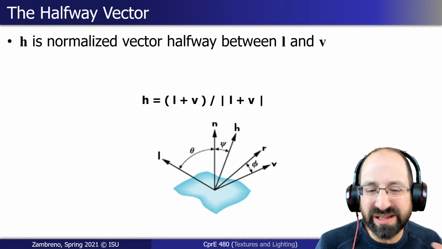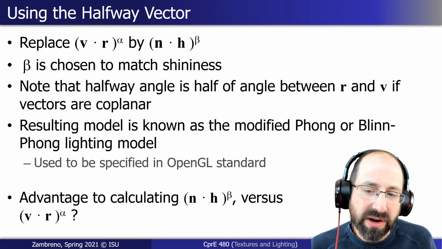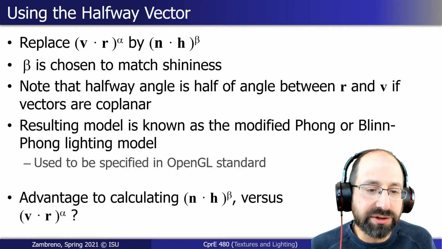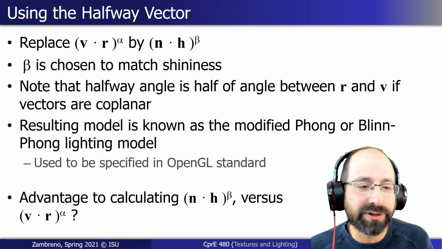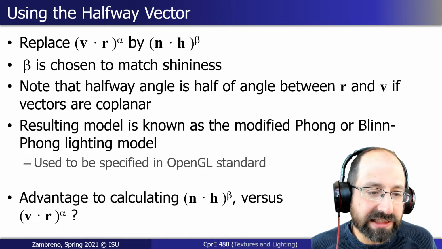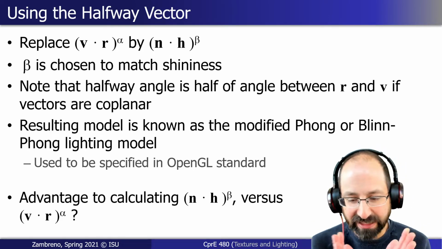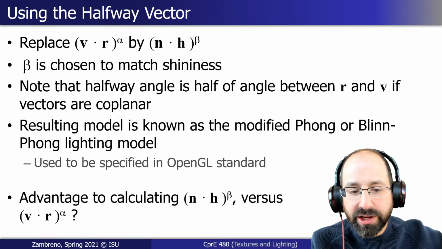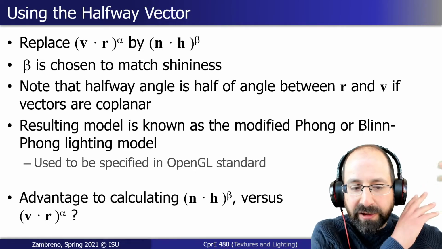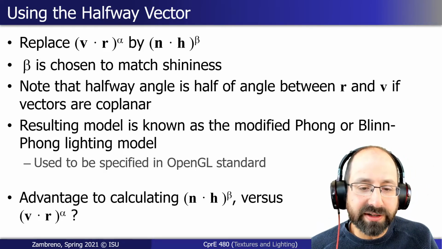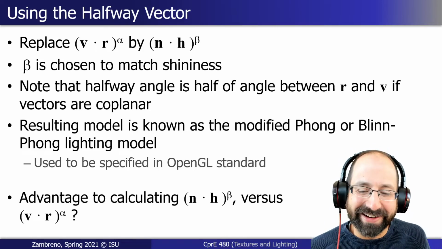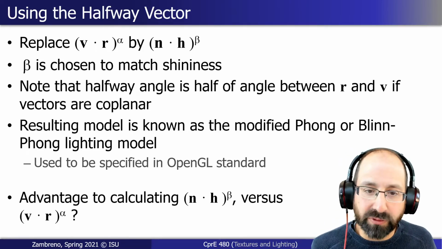You can get a very similar kind of result. In practice, we're technically calculating n.h with a new shininess coefficient versus, in theory, what makes sense, which is v.r, which has a little bit more physical justification to it, raised to the alpha exponent. You can get a very similar result by just modifying what terms you're using for those things.